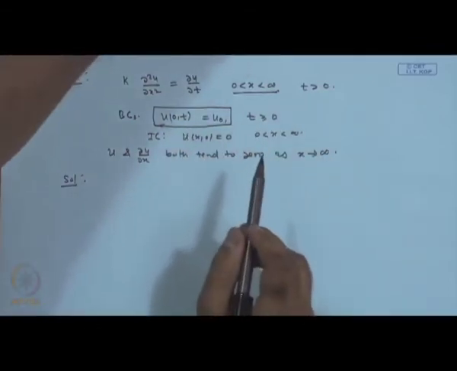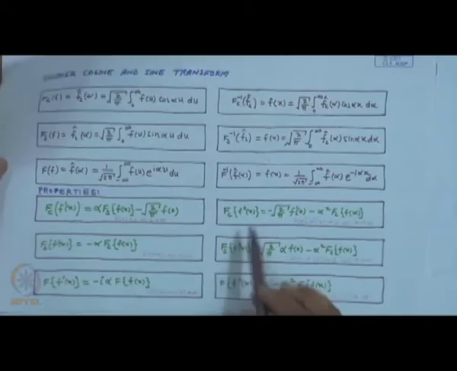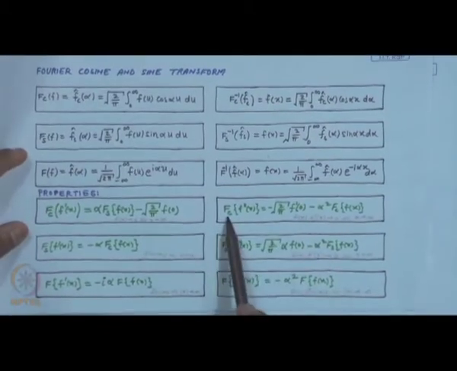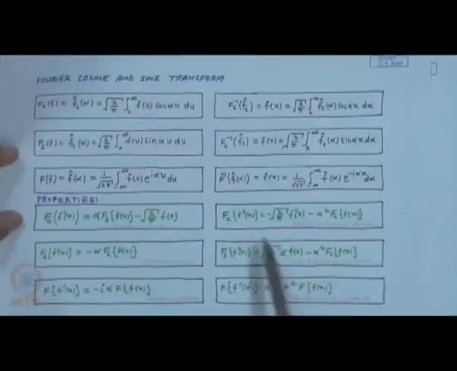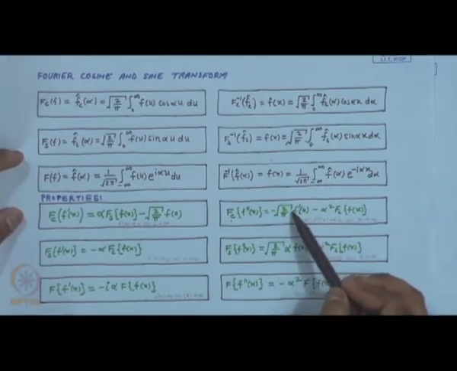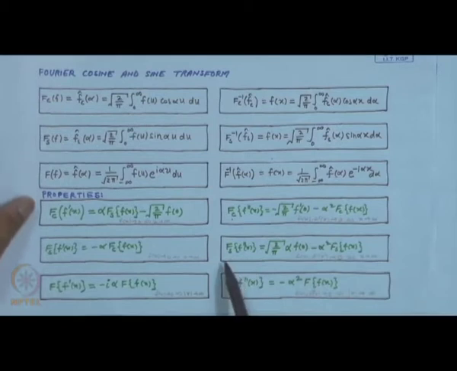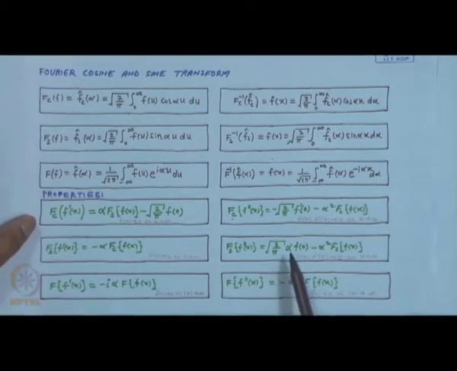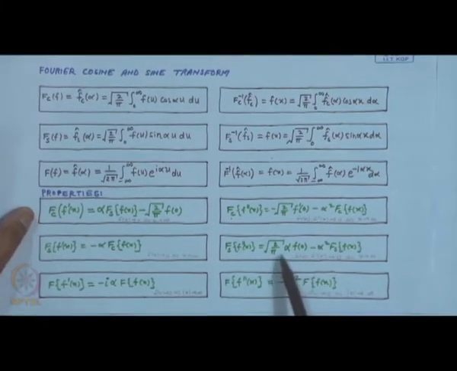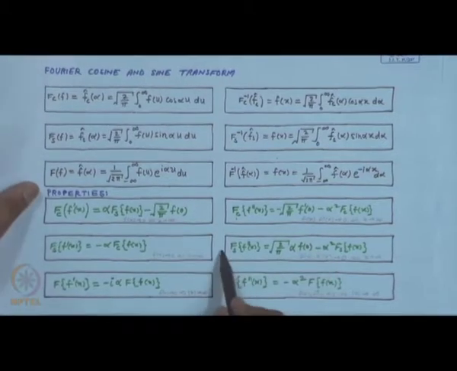So, let us have a look again at these properties. If we have the cosine transform, then we need here f prime(0), but this information is not given in the problem. For the sine transform we need f(0). So, this is given. So, we will apply the sine transform. The choice is very clear.